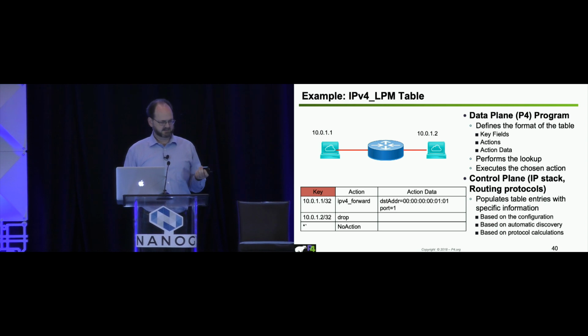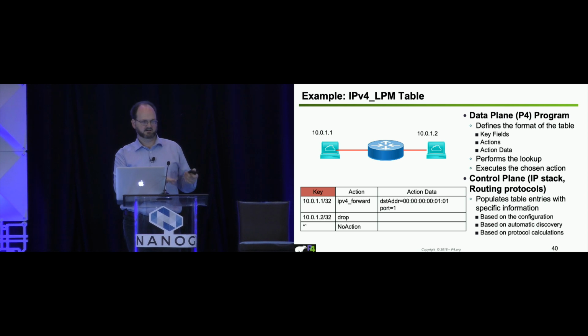All right, so here's one example that may be familiar. If you want an IPv4 longest prefix match table, no VRFs here, just IPv4 destination address lookup only, you would specify a key, which would be the IPv4 destination address. You'd say it's a longest prefix match type, not exact. And let's say you had actions like forward the packet to this output port with this destination MAC address, or drop, or nothing.